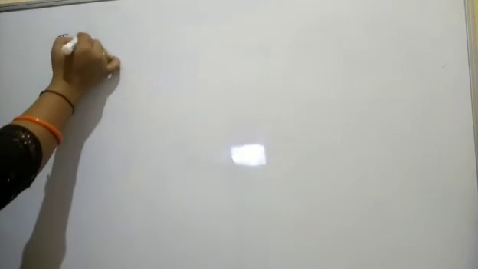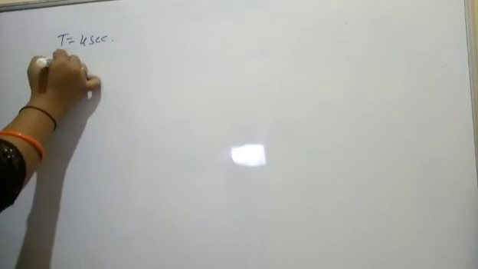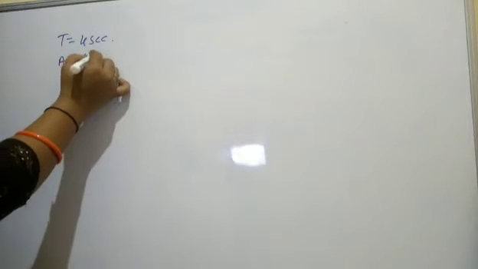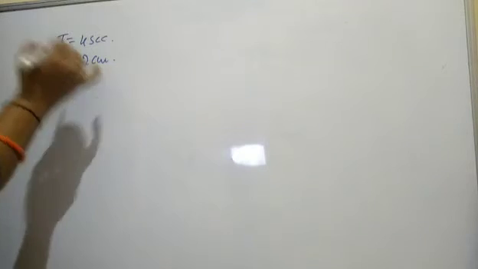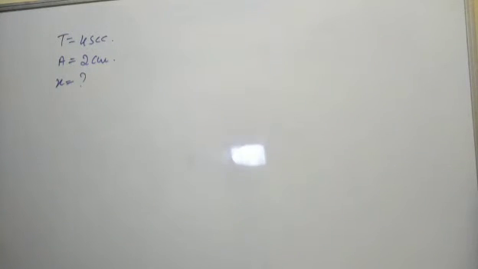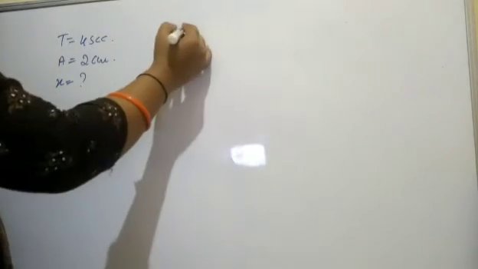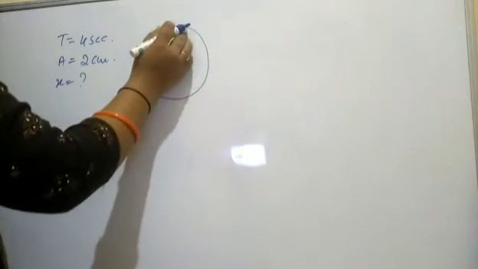If the particle experiences uniform circular motion with a time period of 4 seconds and amplitude of 2 centimeter, what is the equation of a particle executing simple harmonic motion? With the phasor diagram we will prove it now.